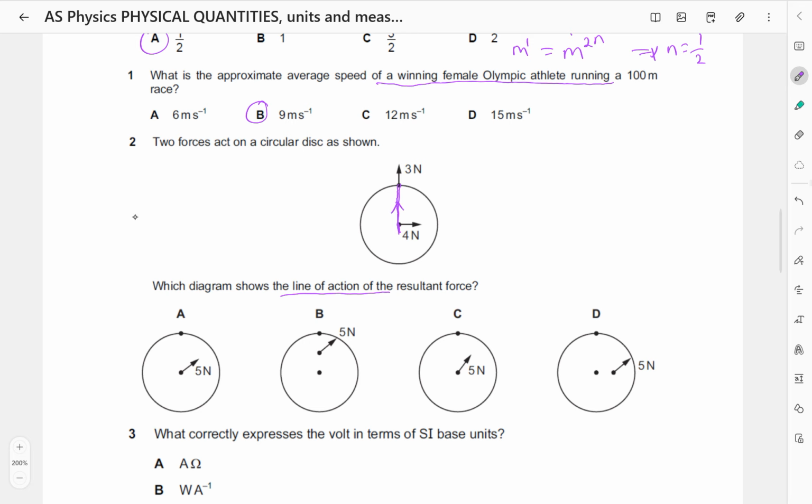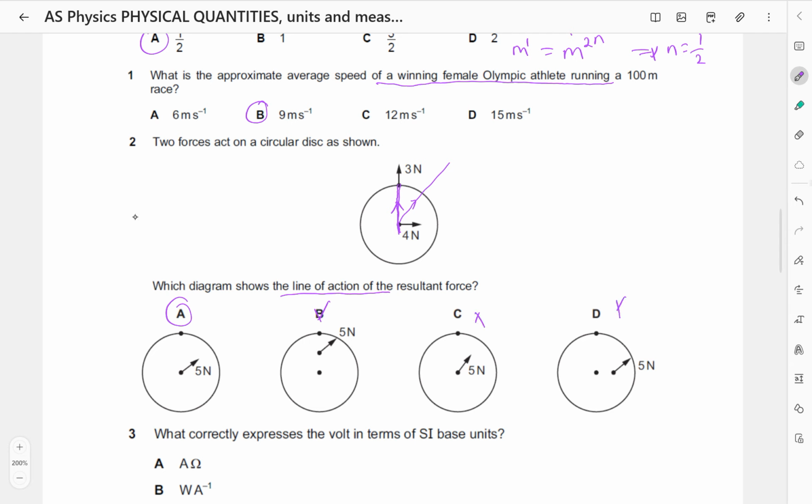That means the resultant force is going to be in between these two. The line of action will be from the center. So our answer is going to be A rather than B, rather than C, rather than D.